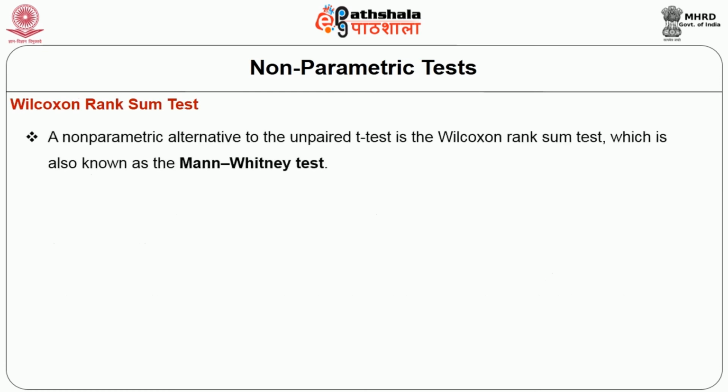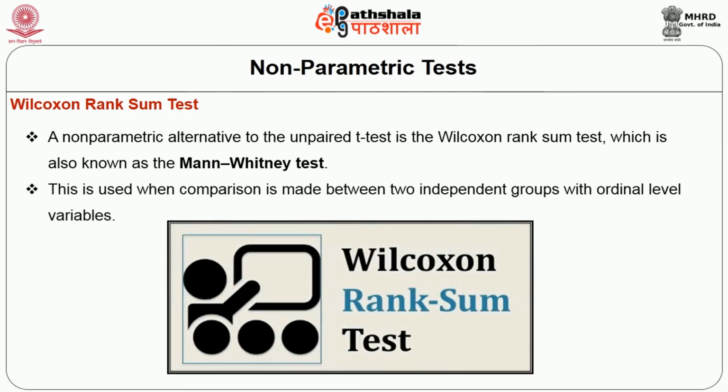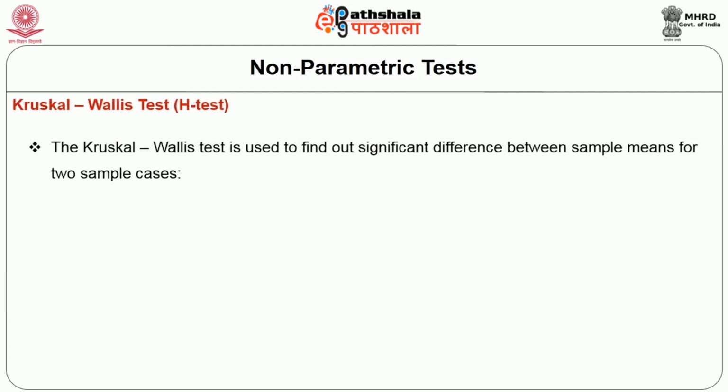A non-parametric alternative to the unpaired t-test is the Wilcoxon rank sum test, which is also known as the Mann-Whitney test. This is used when a comparison is made between two independent groups with ordinal level variables. The next test is the Kruskal-Wallis test, which is otherwise known as the H-test.